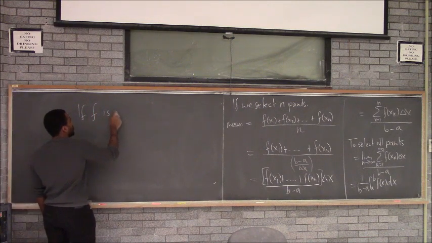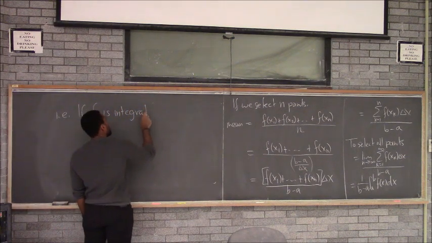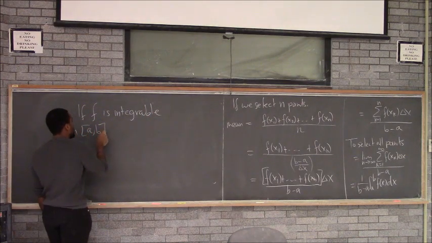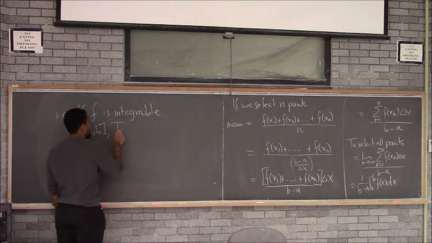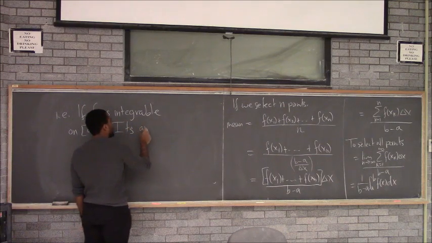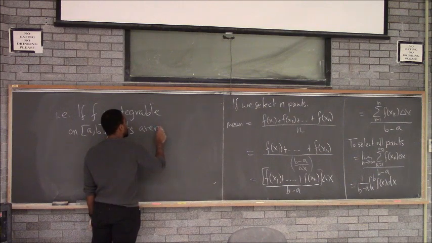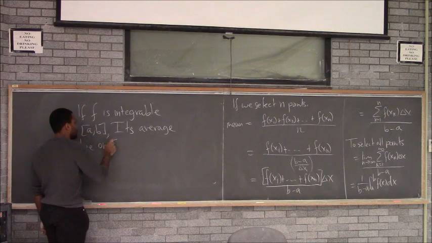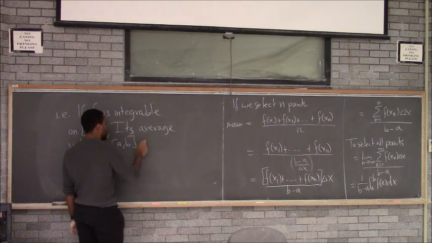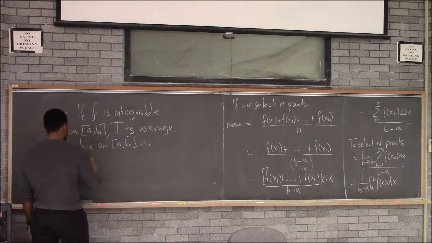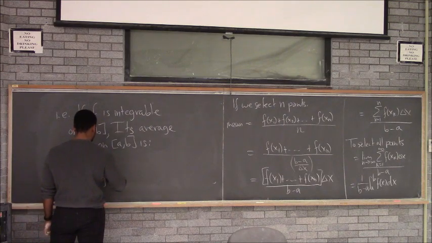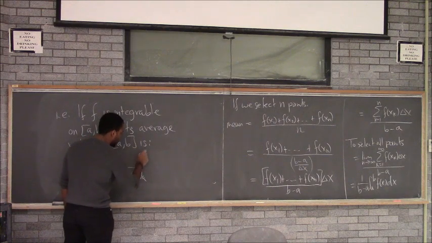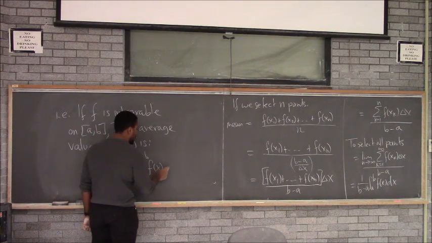If f is integrable, its average value is 1 over b minus a times the integral from a to b of f of x dx.